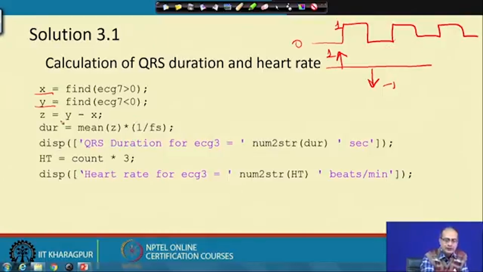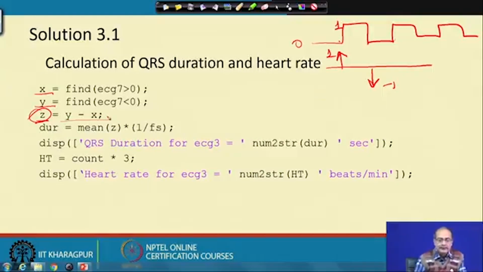Once we take the difference of these 2 vectors, we get another vector z, which gives the difference between the consecutive 2 points, that is the starting point of the pulse and the end point of the pulse. So, we get the width of the corresponding pulses in the variable z. Okay. And we need to keep in mind that we are getting it in number of samples.